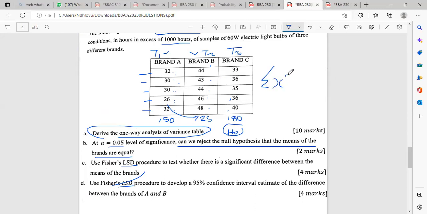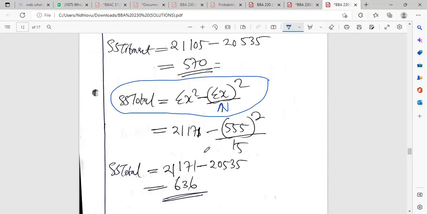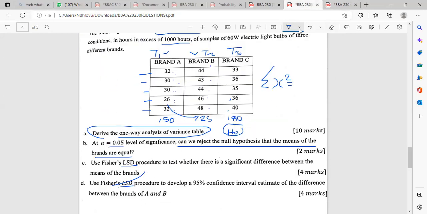If you want manually, you can say 32 squared plus 30 squared plus each of these numbers squared. It will give us the value that we obtained, which is 21,171. So this is the summation of all those figures, and then the summation of just x is 555.